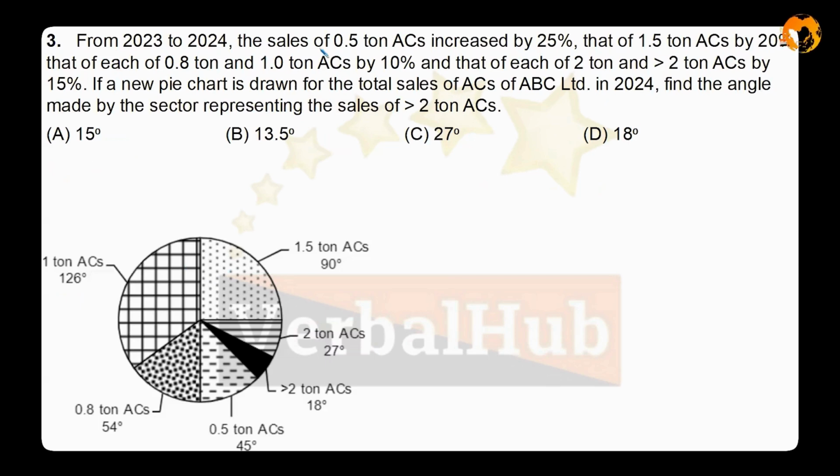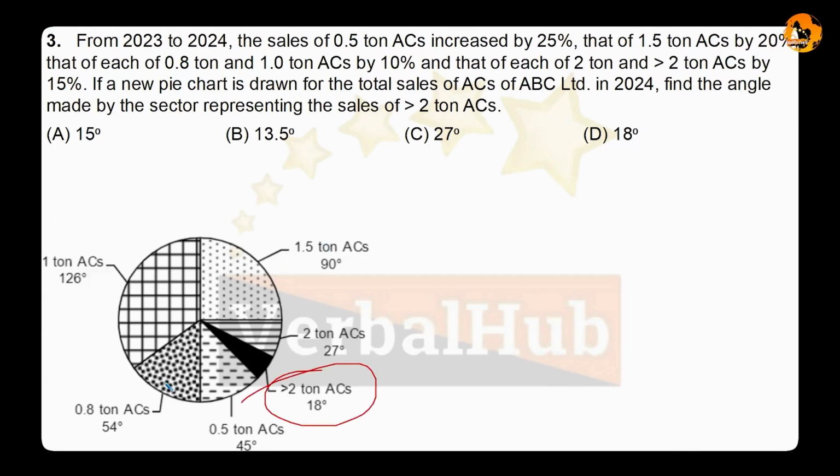And then it mentions the percentage change in the sales of each of the categories. 0.5 ton AC is increased by 25%. If a new pie chart is drawn for the total sales of ACs of ABC Limited in 2024, the next year, find the angle made by the sector representing the sales of this category.